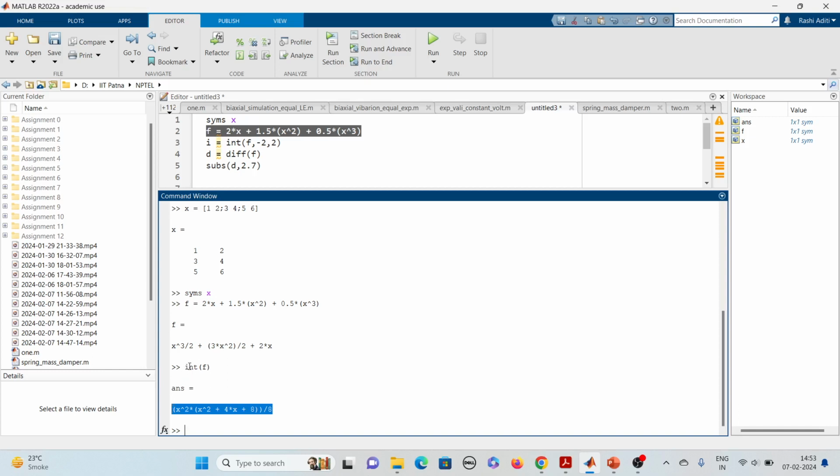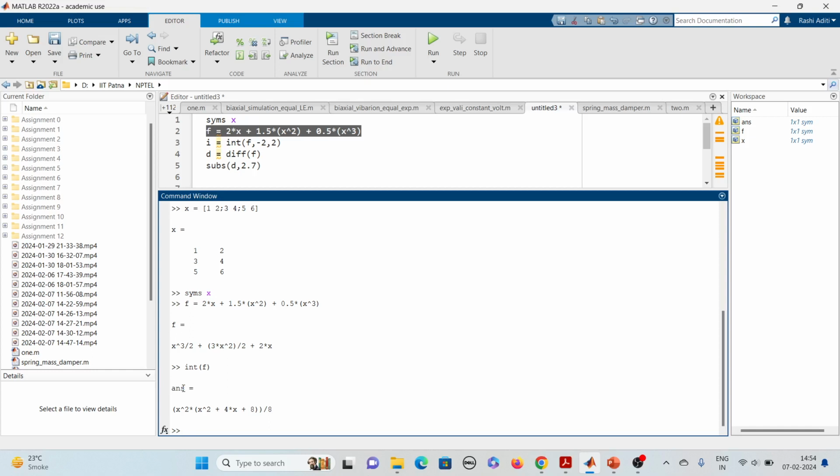So what I have done is I have just given the command int of f, and I have not specified a variable. In this case, it is going to take the variable ans. What happens in MATLAB by default, if we don't define a variable for a particular command, then MATLAB is going to make a variable of itself named ans.